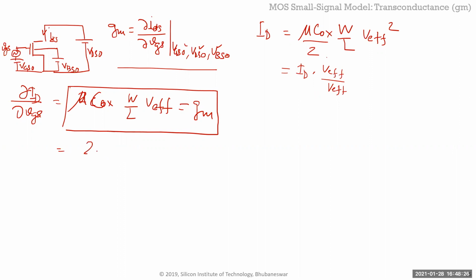The other equation is the square root of 2 ID mu C ox W over L. That's your GM also. You can rework these equations and you'll see that this is the other equation.